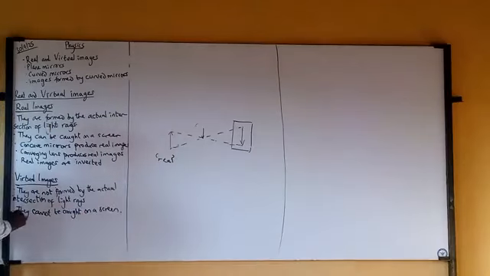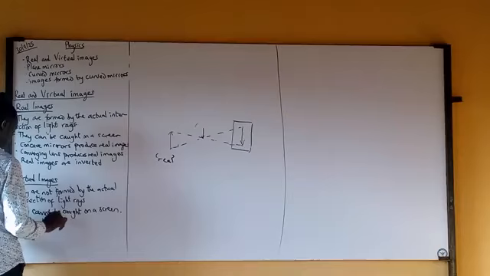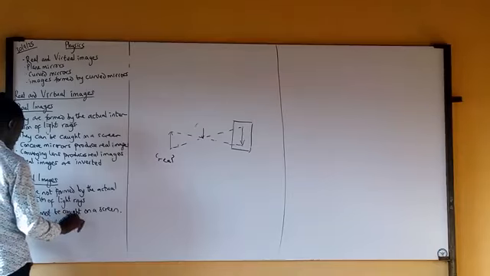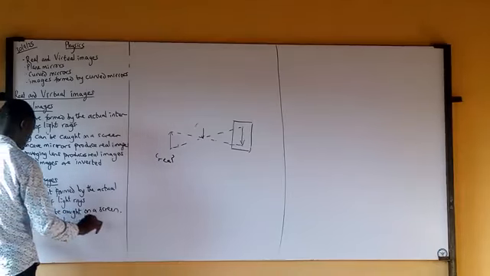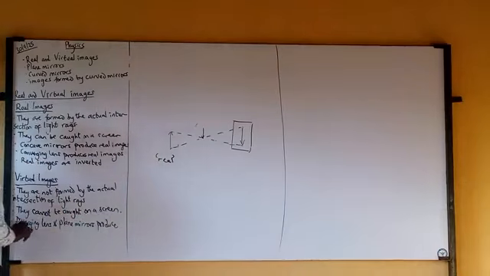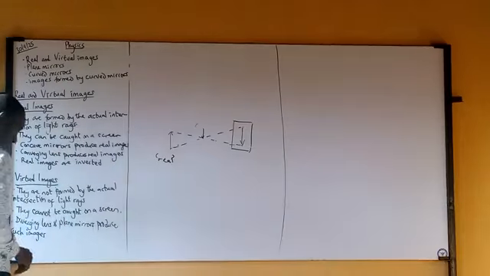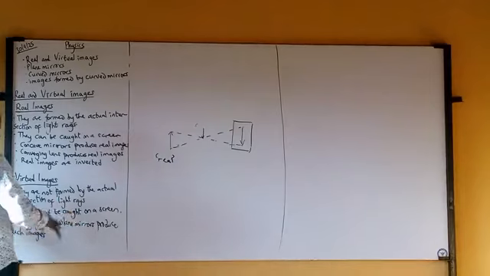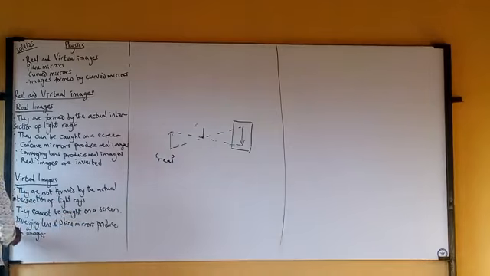Another thing is that diverging lenses and plane mirrors produce such images. So a diverging lens, which is a concave lens, will produce a virtual image. Another thing is that virtual images are erect.